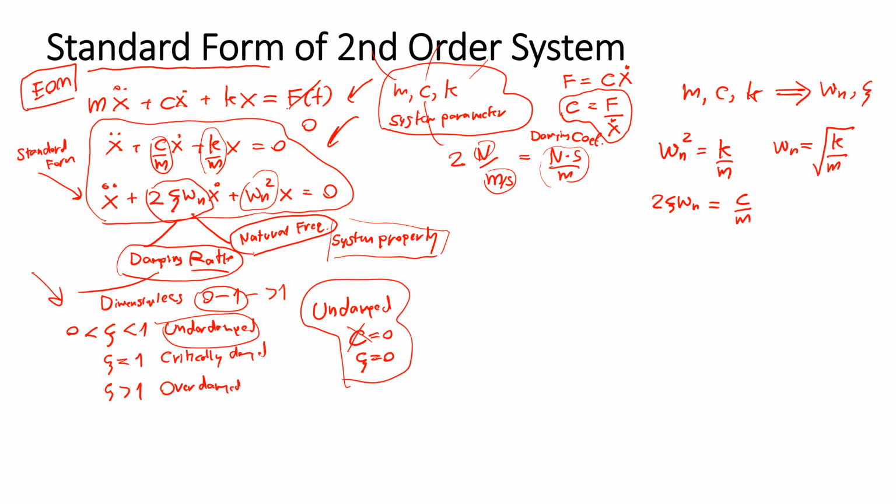It means that the damping ratio can be C per 2 m omega n. If you perform this calculation numerically, you already obtain omega n, you know the C value, you know the mass value, so you can obtain the damping ratio.